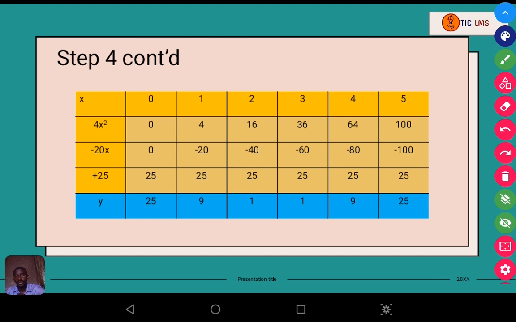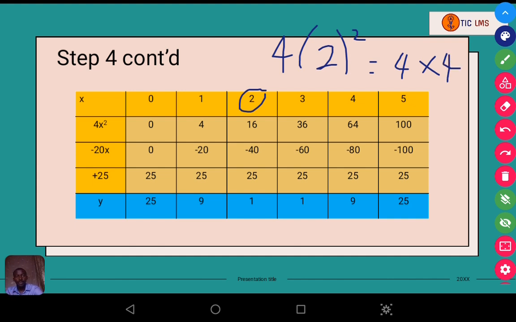Now, when the value of x is 0, what we do is 4x squared, we're going to replace the x with 0 squared, and that's going to give us 0 because 0 squared is 0, then 0 multiplied by 4 is 0. Likewise, when you have the value of x as 2, that's 2 squared. Okay, that's going to give us 4 multiplied by 4 because 2 squared is 4.